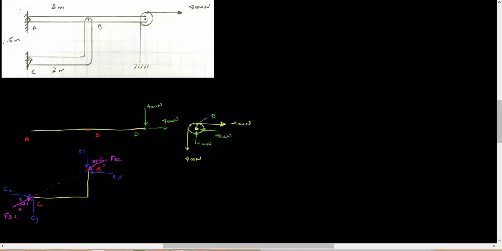So on point B, I have this force going down into it. I would have my force FBC going into point B at a 3, 4, 5. And notice how now I have opposite and equal going into B. Again, it would be opposite and equal, so BX would be going to the right and BY would be going up.